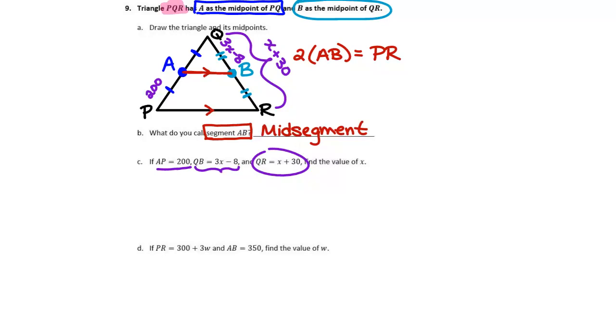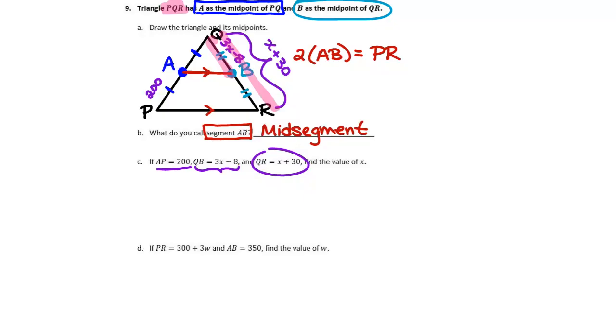There is one piece of information that they just gave me that I don't need to solve this problem. What do I not need? I don't need the 200. Because what do I know about segment QB and segment QR? They're not the same.